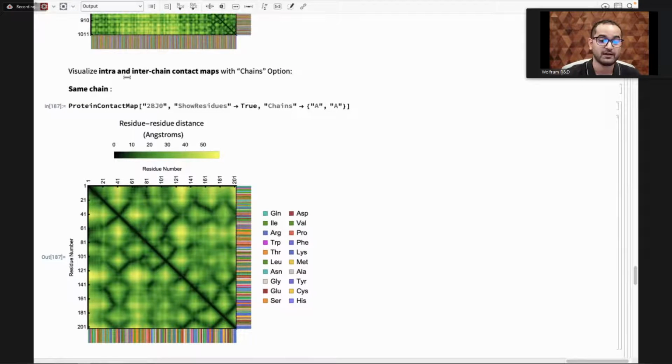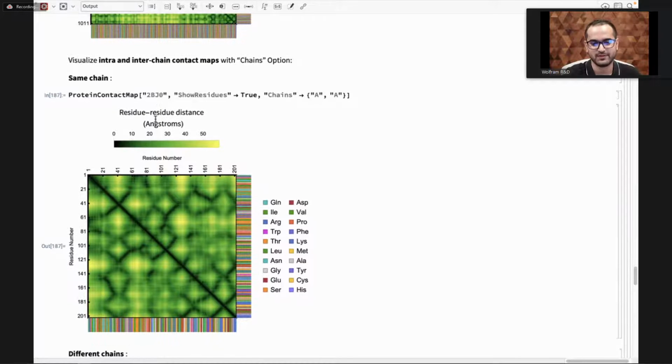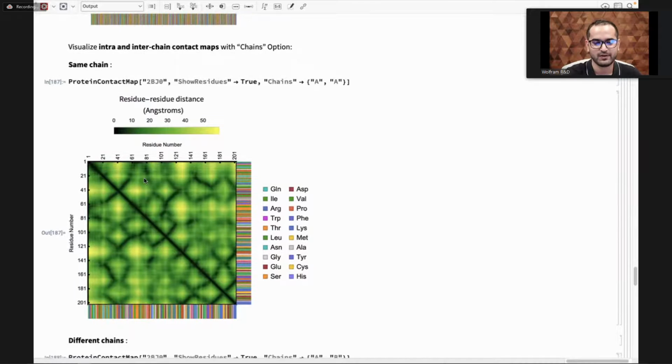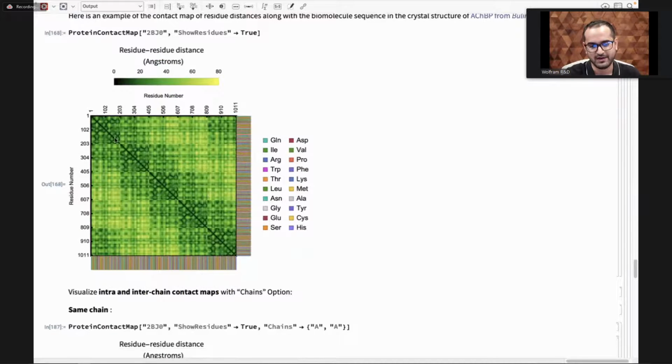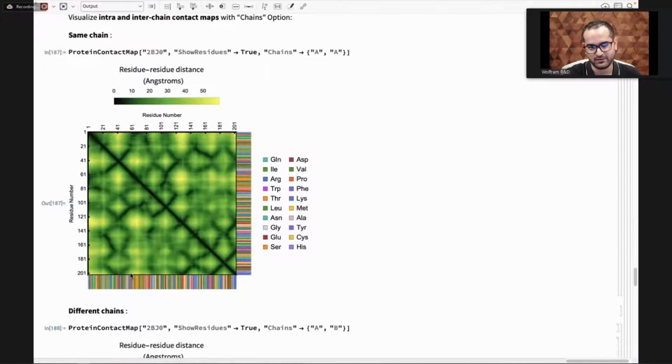Of course, if you want to visualize interaction between specific chains or the same chains, you can use the chains option. So this basically shows for the same protein the interaction between the same chains A and A. If you want to highlight just the chain A and A interaction, you can use this chains function to show how the backbone of a specific chain will look like.